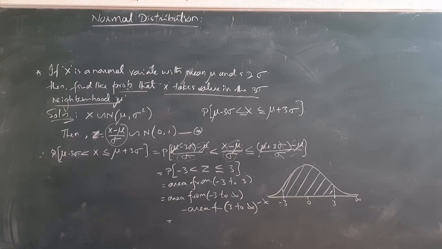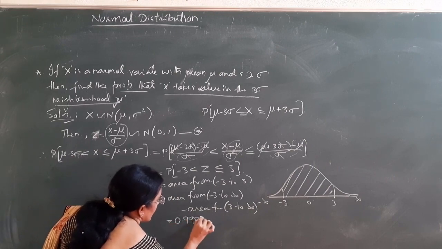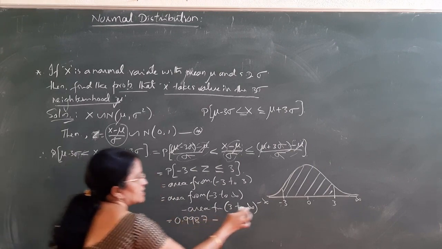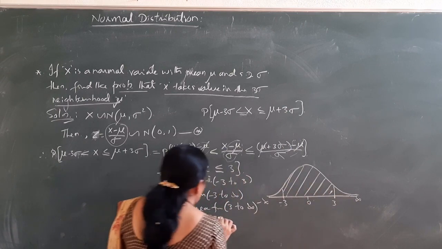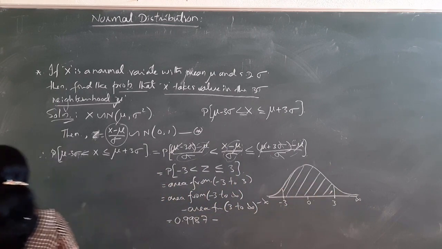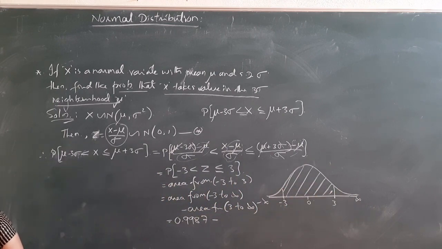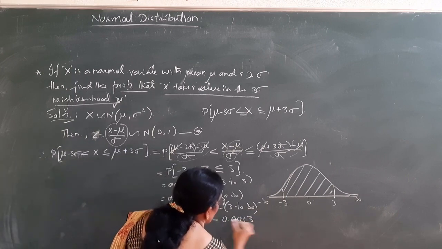The values are 0.9987, the area from minus 3 to infinity, this whole region, minus the area from 3 to infinity, that is 0.0013.